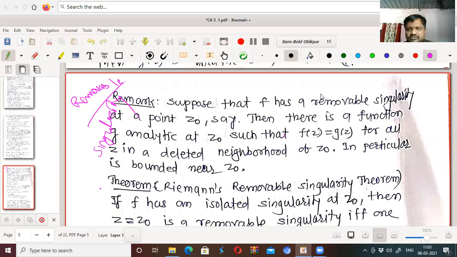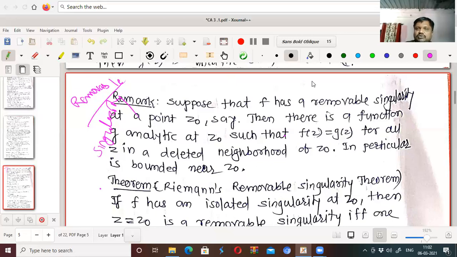That is called isolated singularity. And what about non-isolated singularity? Such a singularity in which every neighborhood contains at least one singularity again. That is called non-isolated singularity.